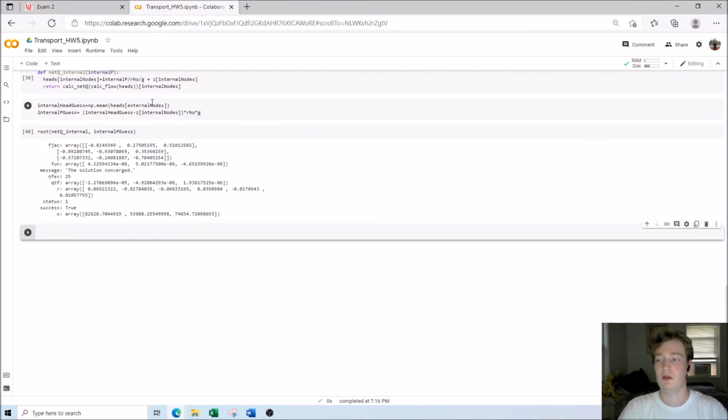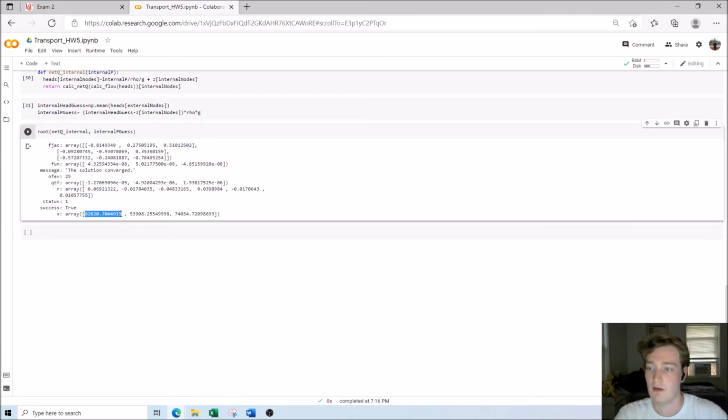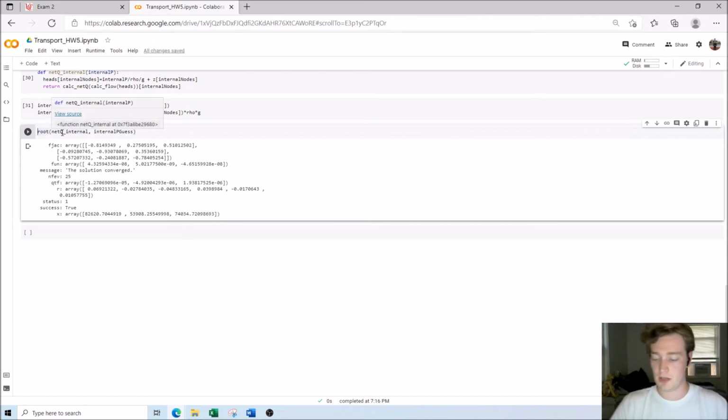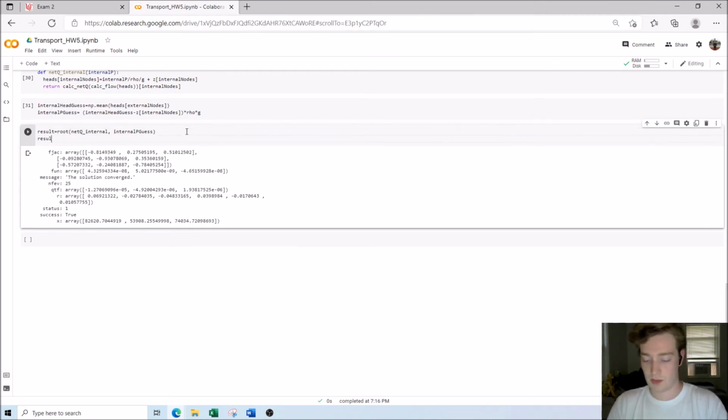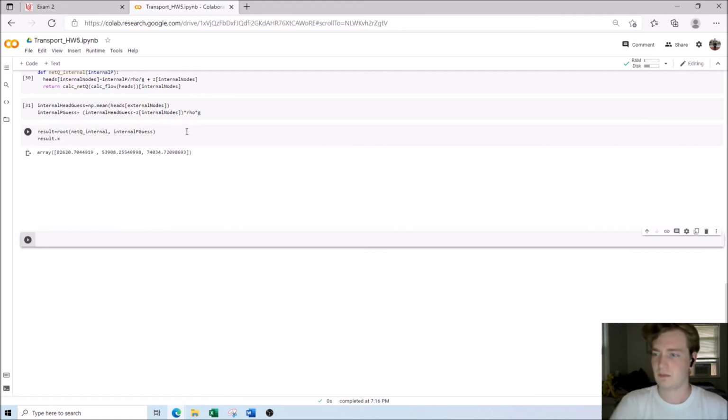Oh, it's beautiful. So what we just did was we calculated the internal pressures of node 1, node 2, and node 3. Oh, that is the beauty of numerical solvers. So what we can do here is say result equals, and make it a variable, and then look at result.x.